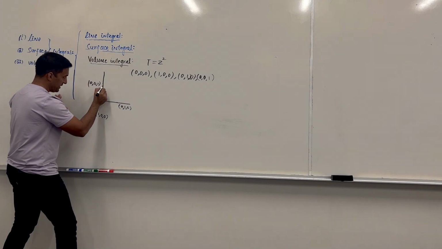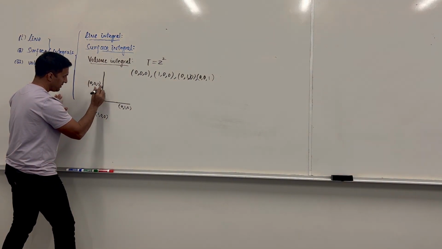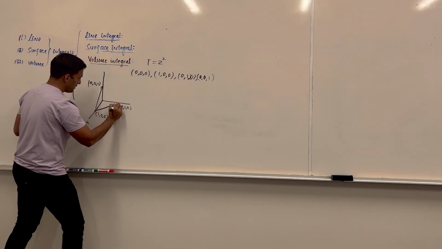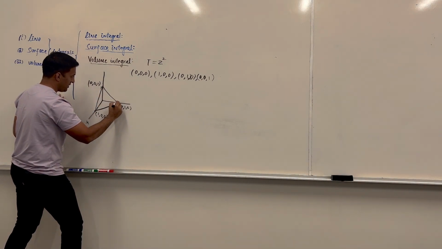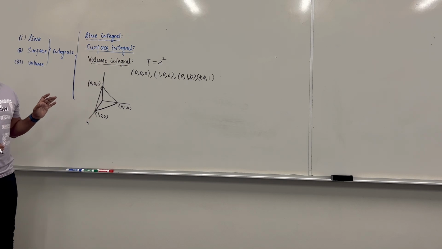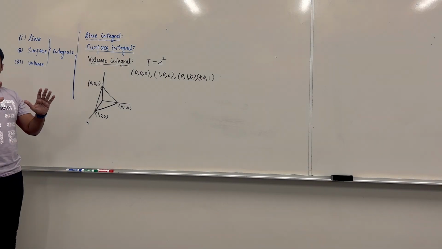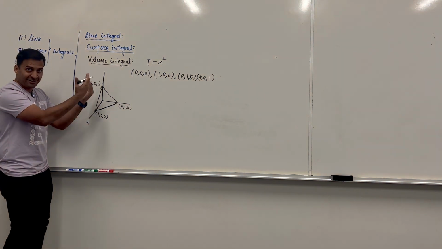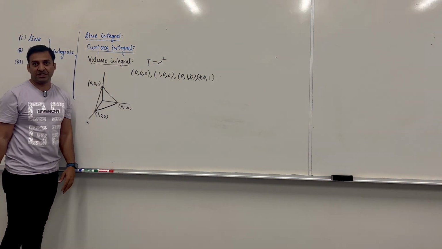And if you join these corners, you see this shape is a tetrahedron. It's like 4 equilateral triangles, one lying at the base and 3 standing such that their heads meet.